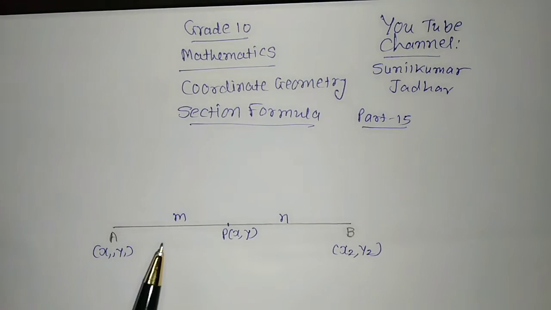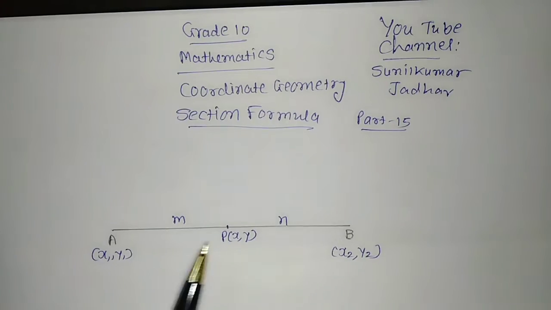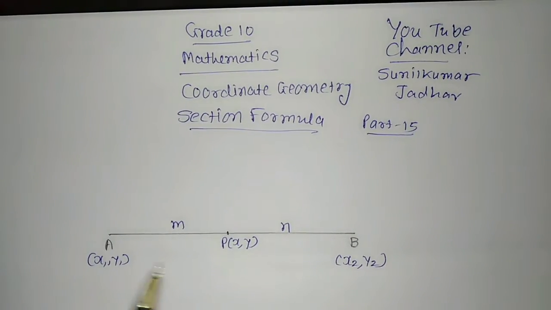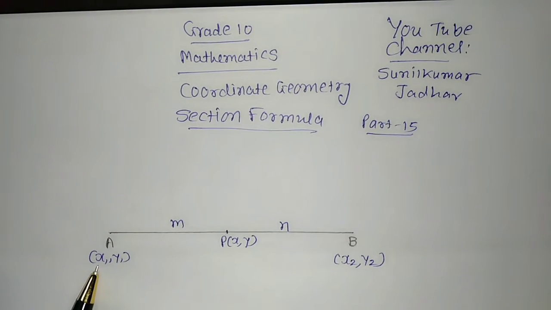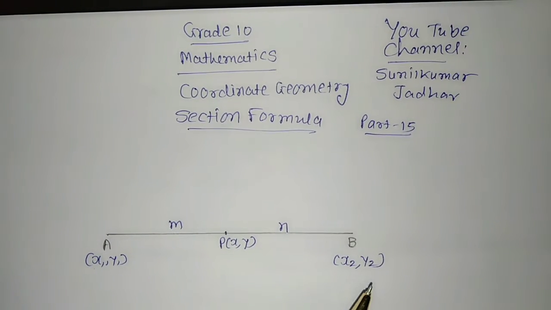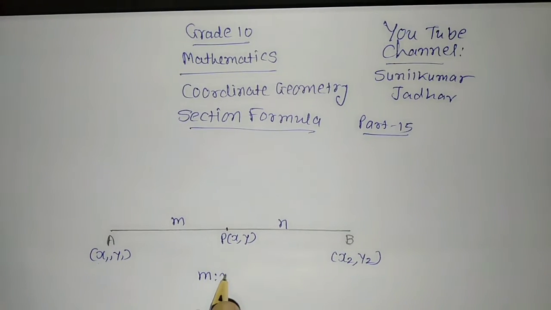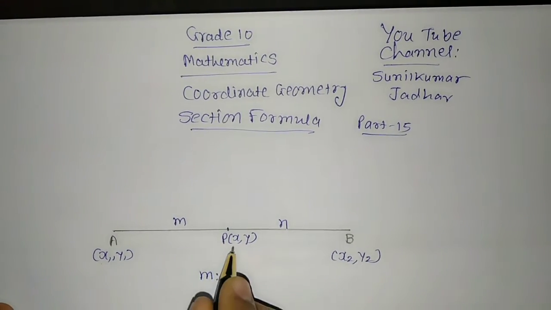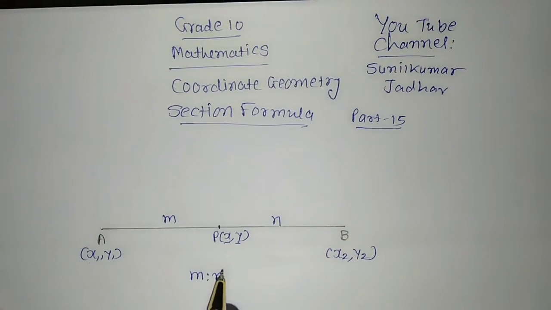If point P (x, y) divides the line segment AB, where point A has coordinates (x1, y1) and B has (x2, y2), in the ratio of m is to n, then what would be the value of x and y for point P?